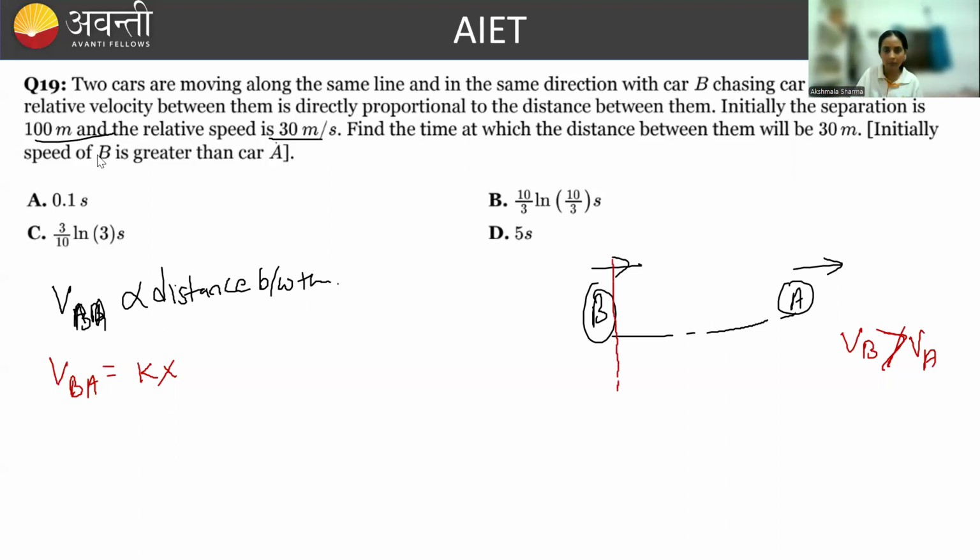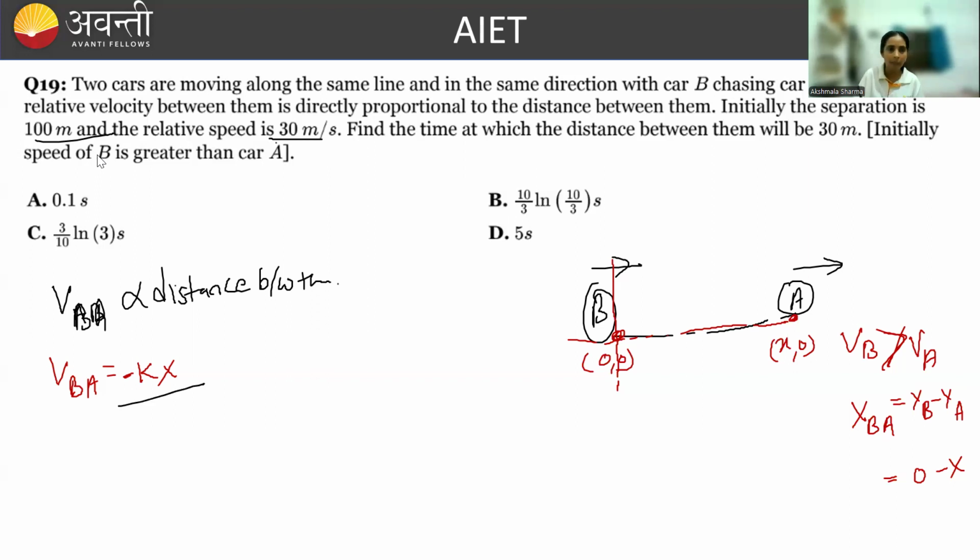Suppose I take this point as the origin 0, where B is initially present, and I indicate A's position at x0. What will be the relative separation of B with respect to A? xB minus xA. Sign convention is very important. xB initially is 0 and A is at x, so it will be minus x. So VBA is equal to minus kx.